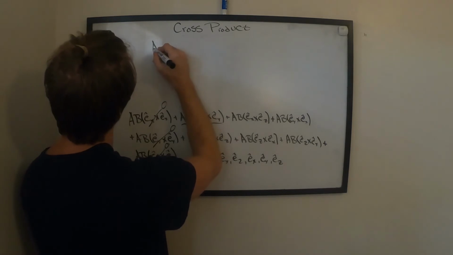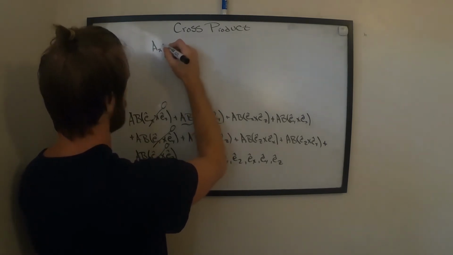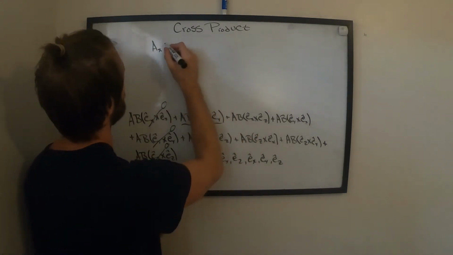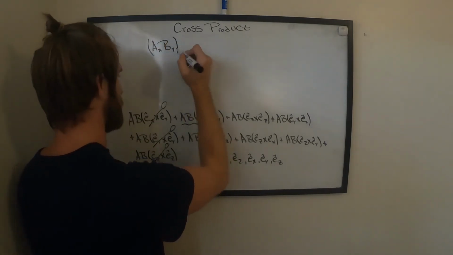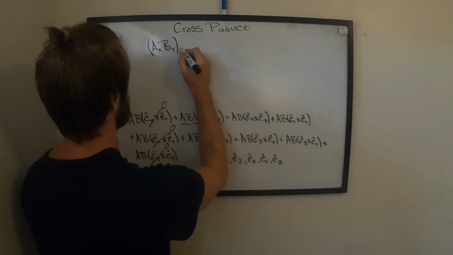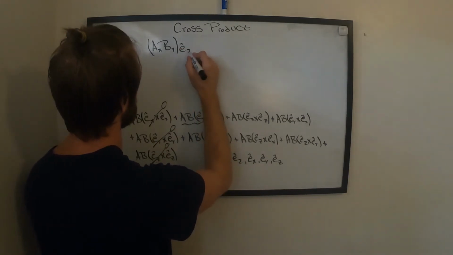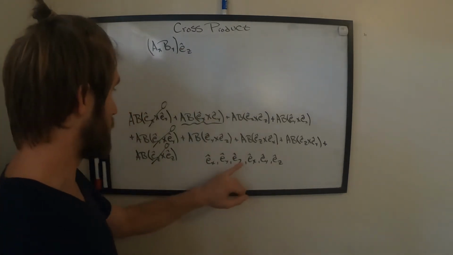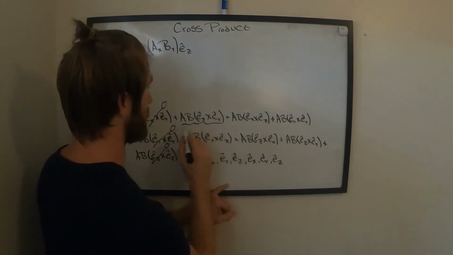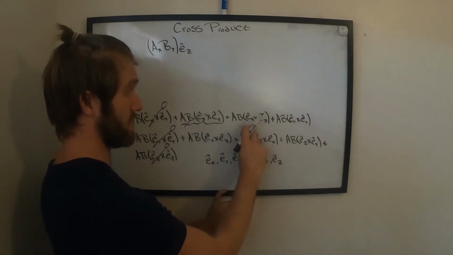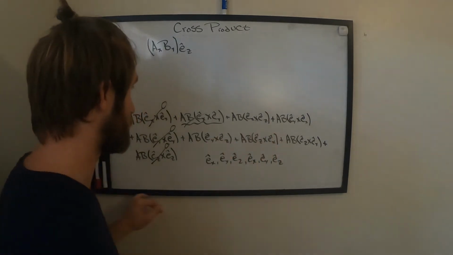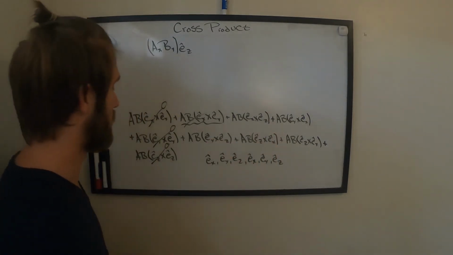So a x b y is going to give us e hat z. Okay, so we got e hat z now. That one's done.